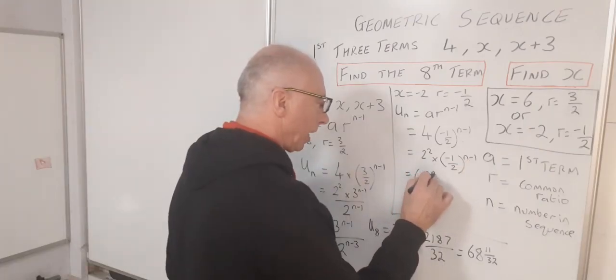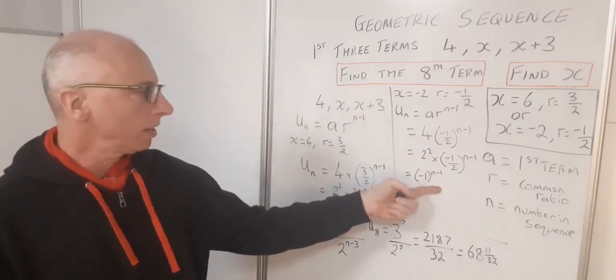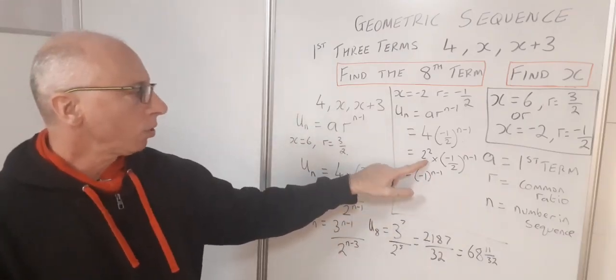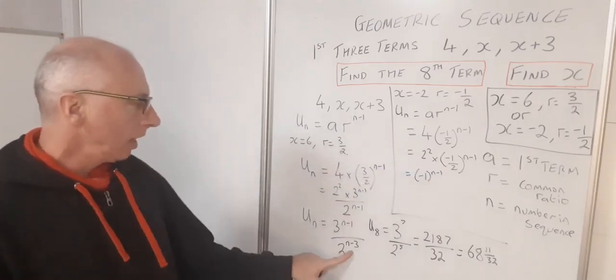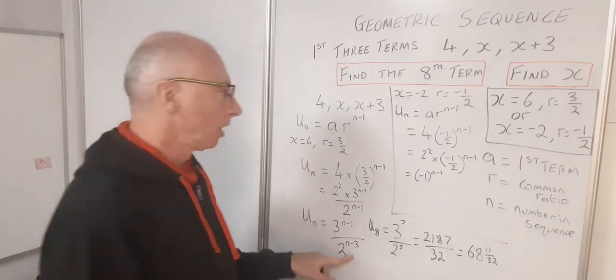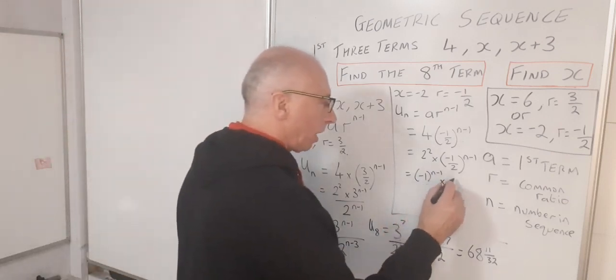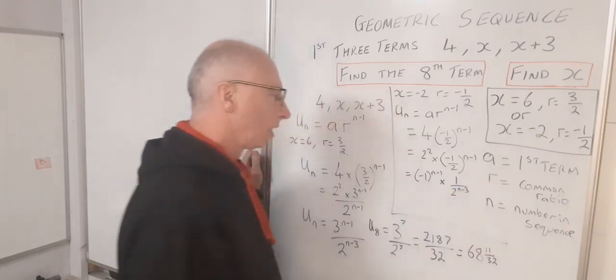So that's nice notation there to know it's an alternating series. And then we've got 2 squared divided by 2 to the n minus 1. Well, as we did here, that's going to yield the same result. So that's going to give us 2 to the n minus 3. So then we're going to multiply this by 1 over 2 to the n minus 3.